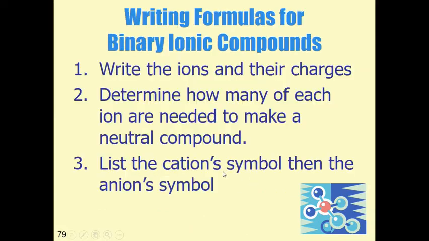So when you are trying to write formulas for your binary ionic compounds, you're going to write the ions and their charges in the compound, and determine how many of each ion are needed to make a neutral compound. You're going to list the cation symbol, then the anion symbol.